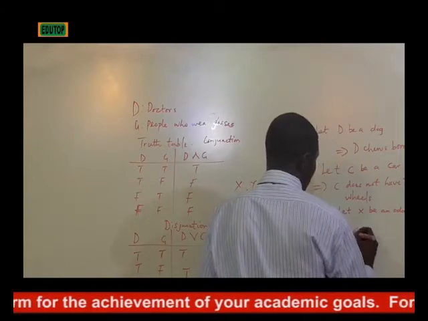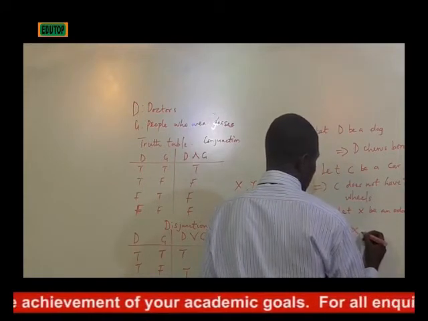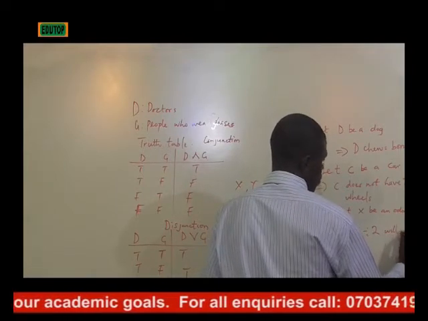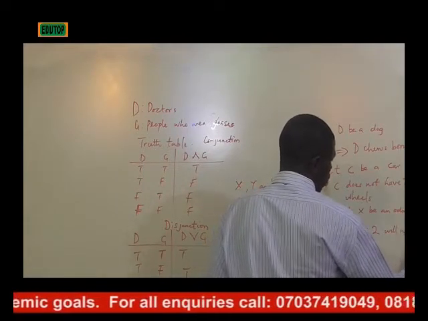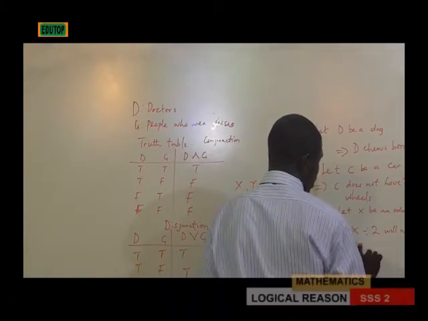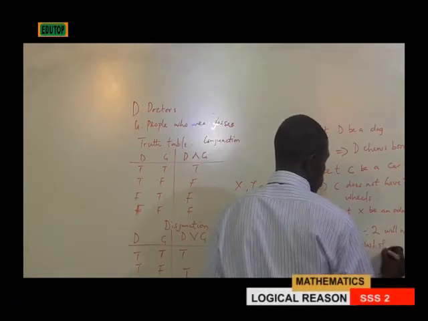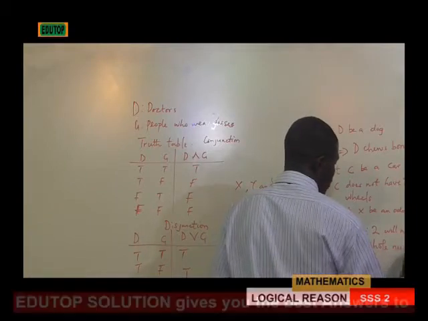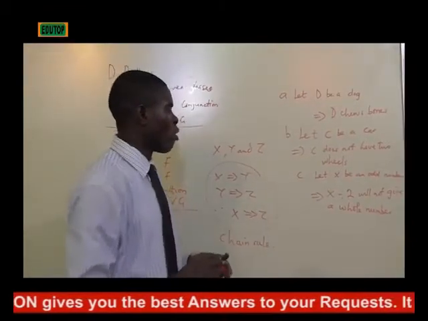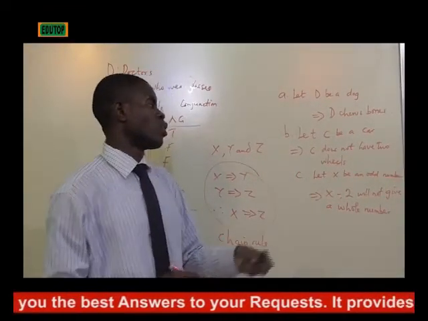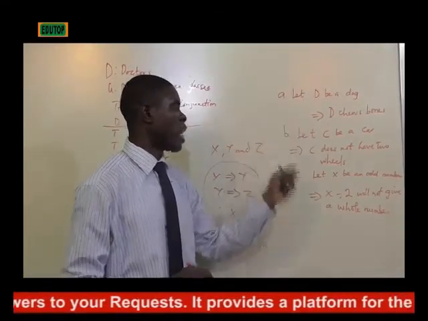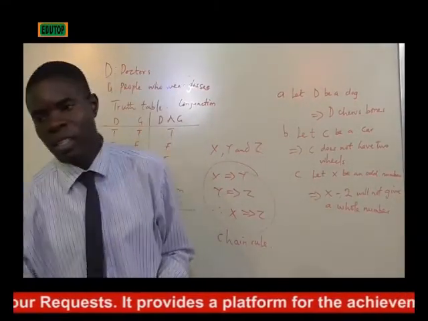Then it implies that X divided by 2 does not give a whole number. That is the implication of statement C. So these are the respective answers for the A, B, and C cases.